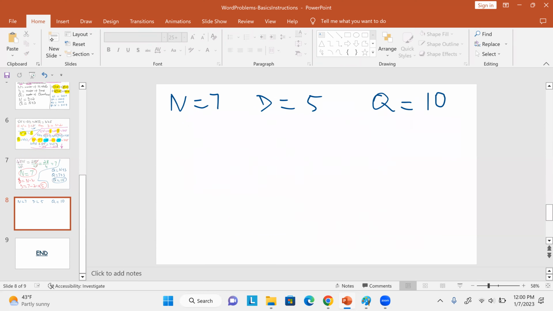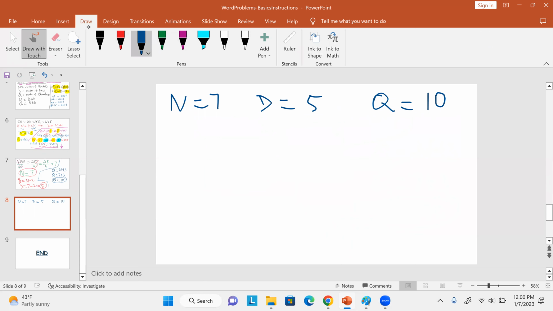Now, in terms of money, if you have 7 nickels, that gives you how much in cents? 1 nickel is 5 cents.